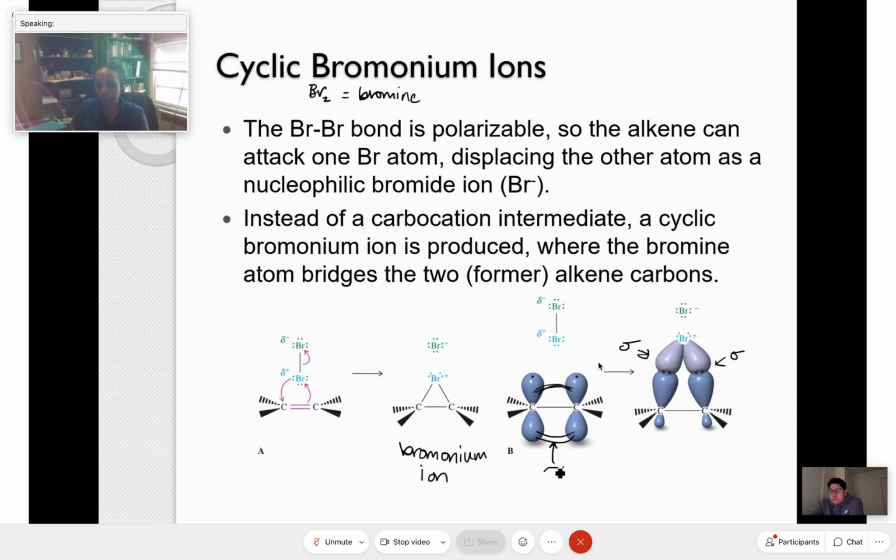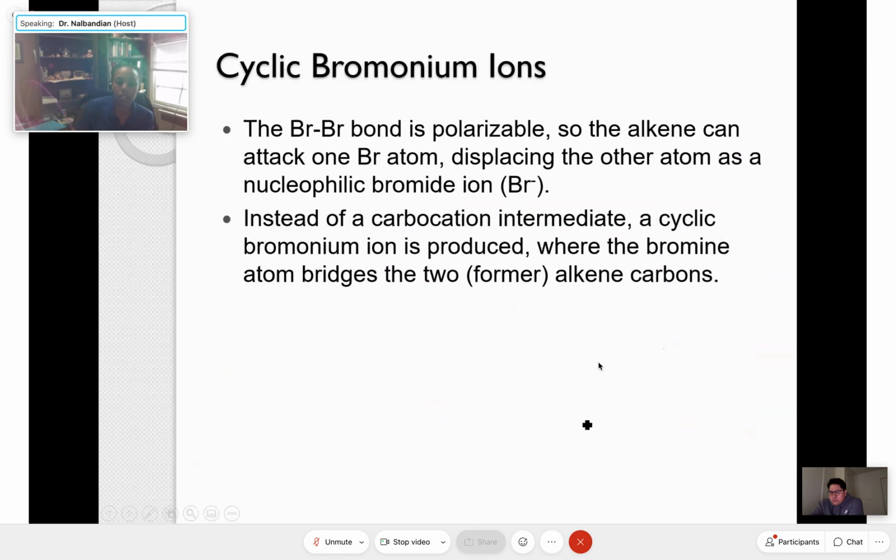This is a pi bond here between these two carbons, and then we end up making two sigma bonds to bromine. So we make this thing called a cyclic bromonium ion. So let's look at the mechanism here. For this reaction, let's say we have a double bond and we have our bromine. And remember, we need to show the bond and we need to show these lone pairs.